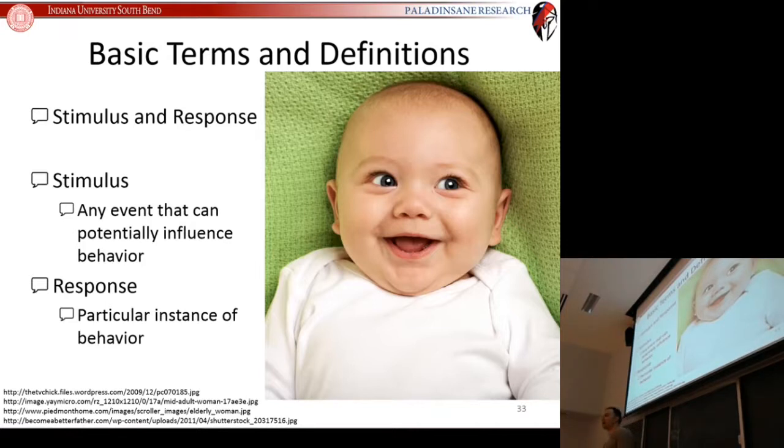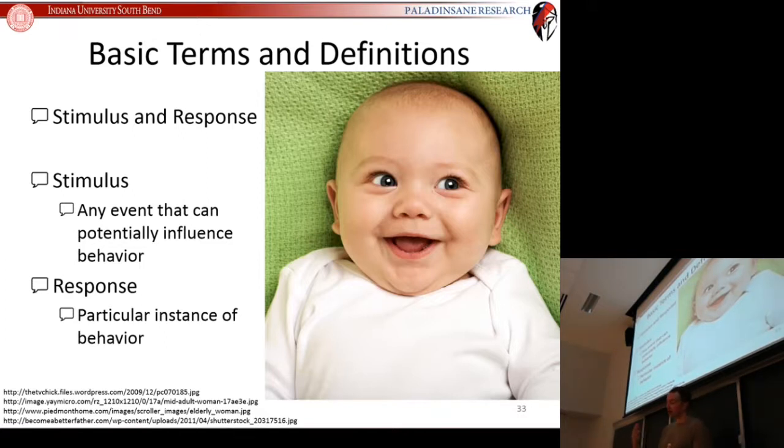It's that broad. So a facial expression can be a stimulus. A change in temperature of the room can be a stimulus. How much sleep you got last night could be a stimulus. It could be an event that could potentially influence behavior. So it is a very broad definition of what a stimulus is.